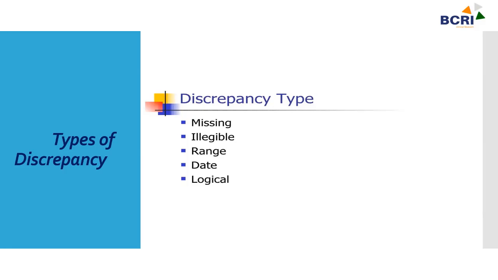I cannot change the data from my end. As a data manager, I do not have the power to change the data unless the site corrects the data. Suppose they were supposed to write 12.0 to 16.0 g/dL. Instead of that, they just mentioned 140. They forgot to put the decimal point.